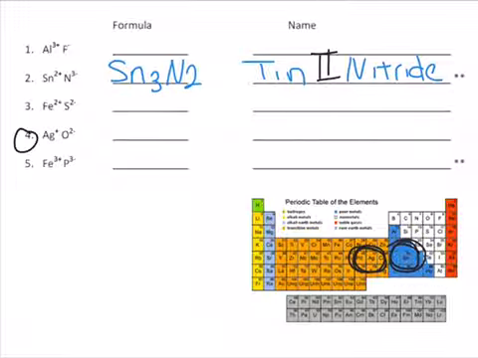So we have a 1 and a 2. One, 2 becomes 2, 1. And then we're going to name it. Change the ending to IDE. The ending of your negative ion always changes to IDE.